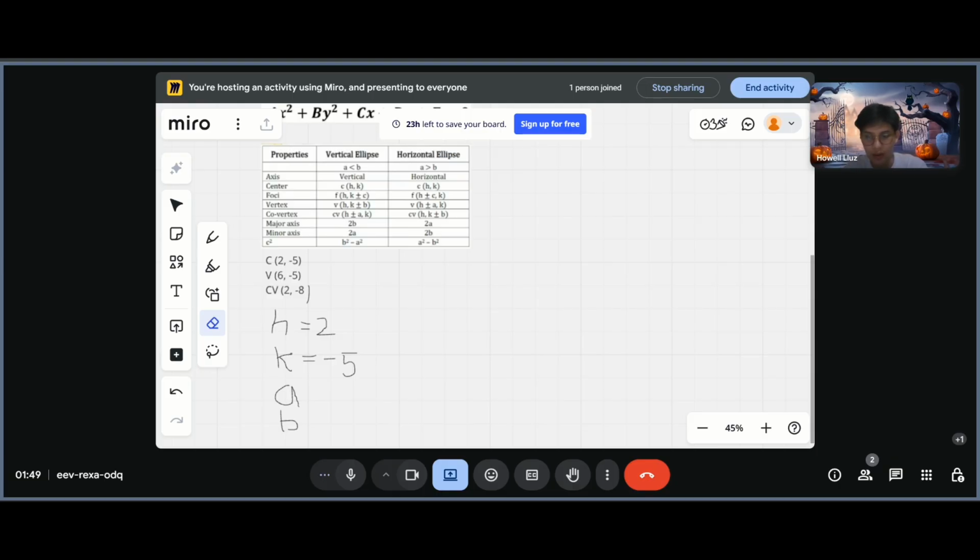Based on the table, we can only find it using the major axis, which is not given in this example.